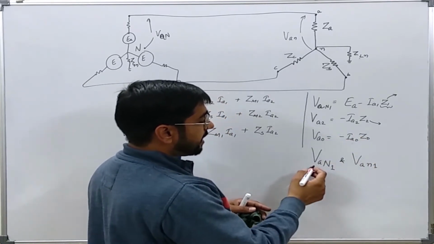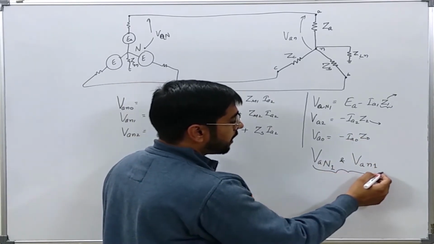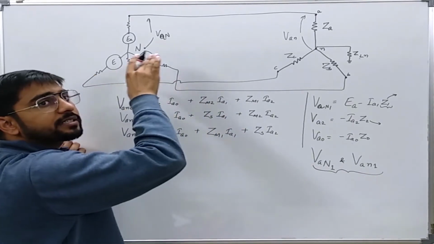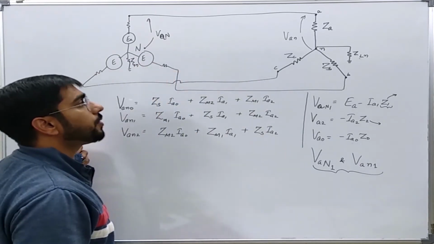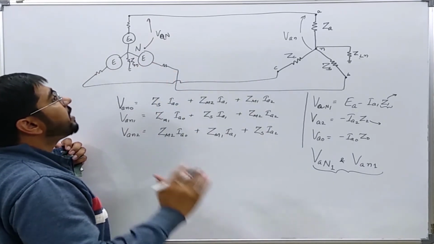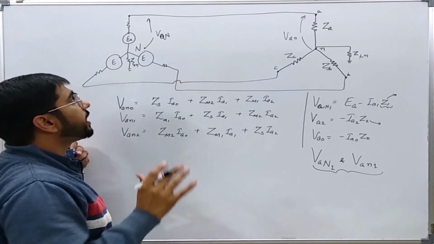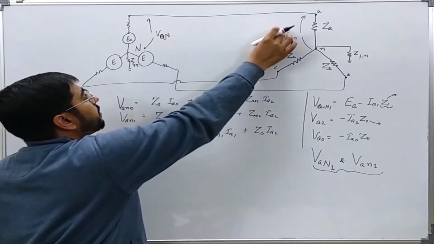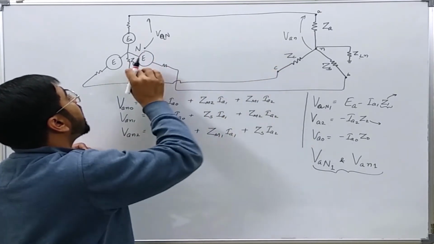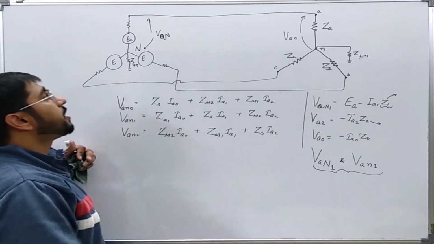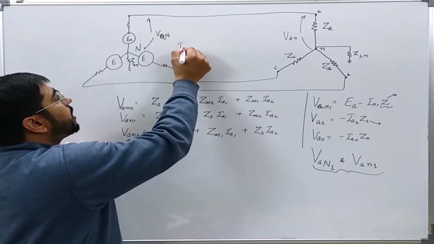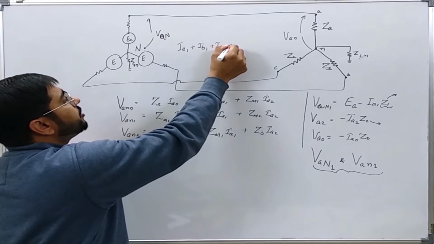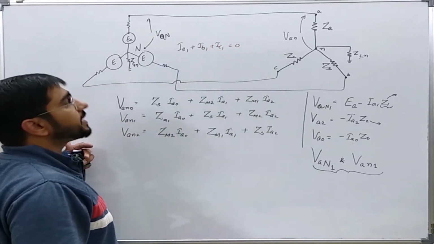Now let us see what is the relation between these two. Now imagine that only positive sequence currents are flowing. Okay, so when only positive sequence currents are flowing into the system, the balanced positive sequence currents IA1, IB1, IC1. Now we know that IA1 plus IB1 plus IC1 is equal to 0 because it is a balanced set.